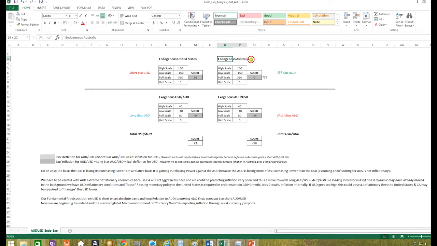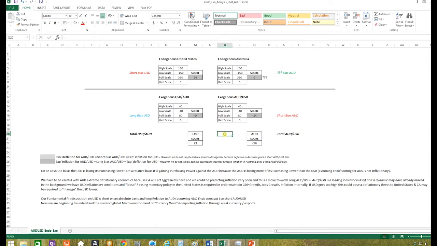So also in Australia, we've kept our endogenous analysis constant, and the exogenous analysis is contributing negatively to our Australian scorecard. So if you want to look at this in this way, excuse the typo there, that should be Aussie dollar, US dollar.